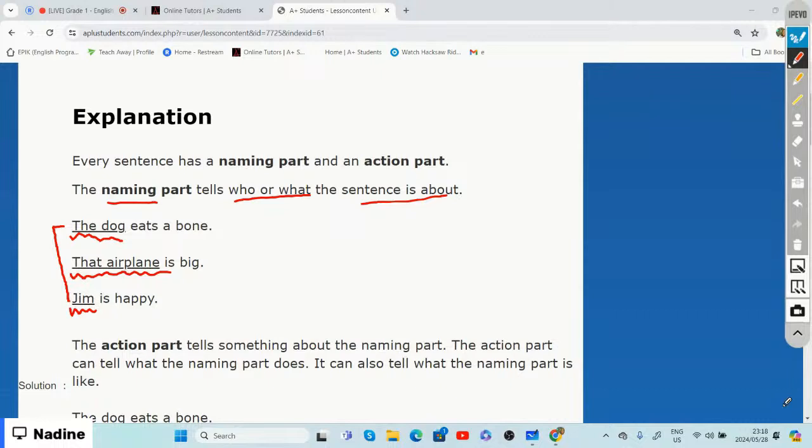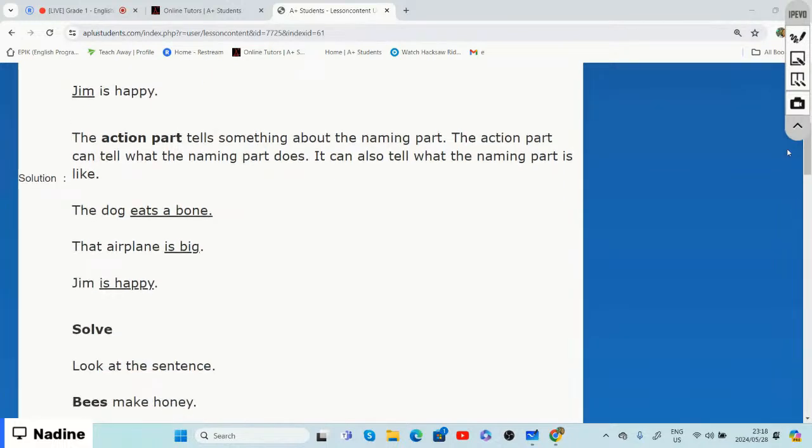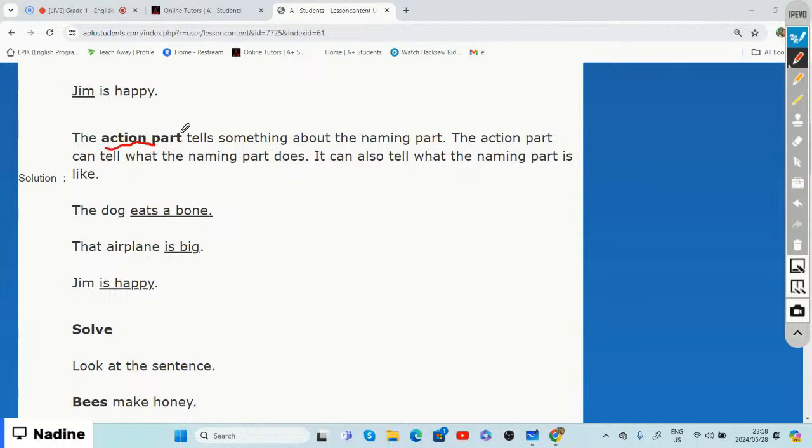And we then say that the action part within the sentence basically tells us what the naming part does or what the naming part is like.